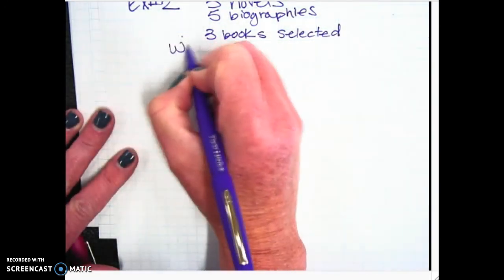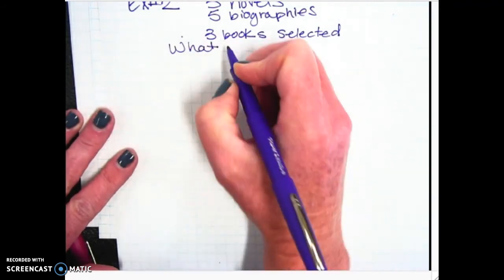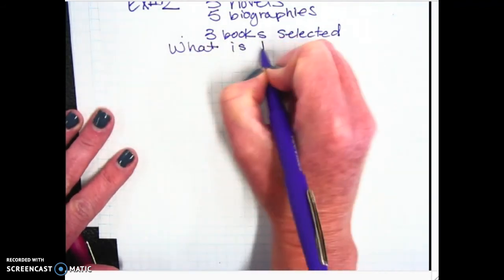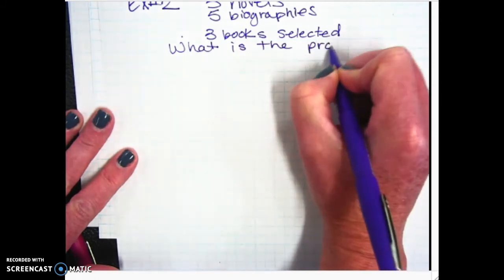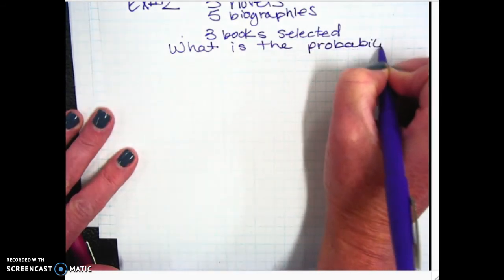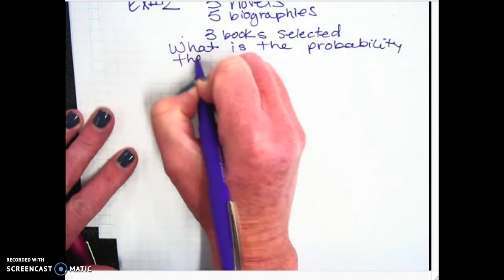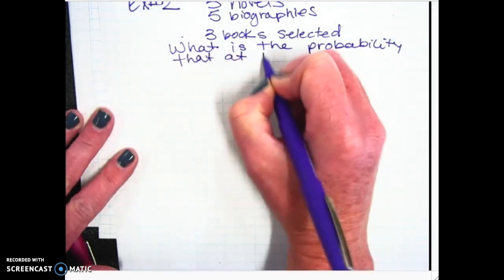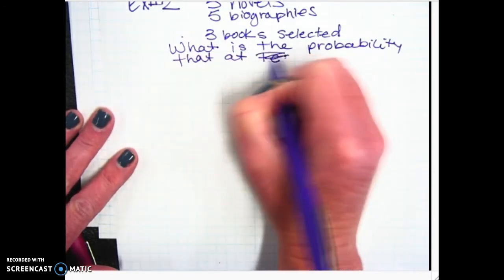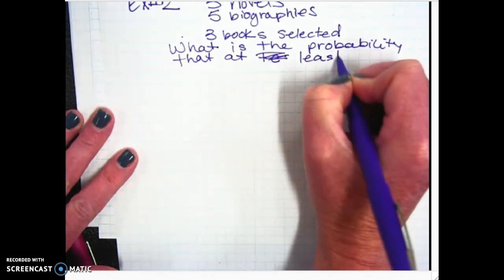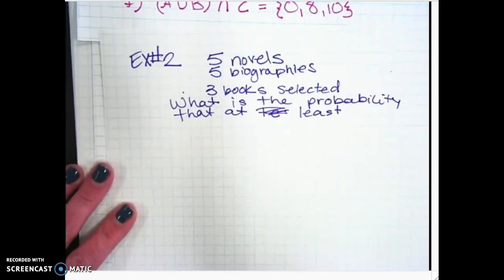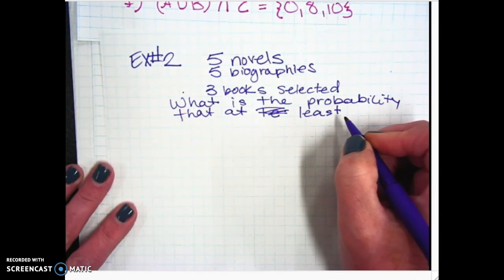What is the probability that at least 2 are novels? Is that 5 novels? Or 5 biographies. Is my writing that bad? Oh, no, you just couldn't see it. Sorry.